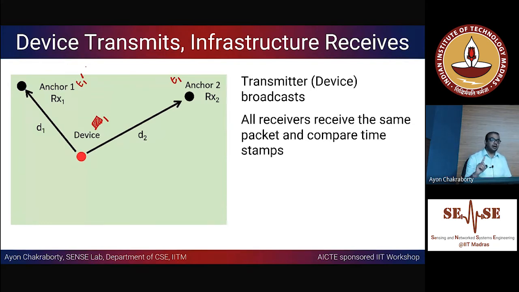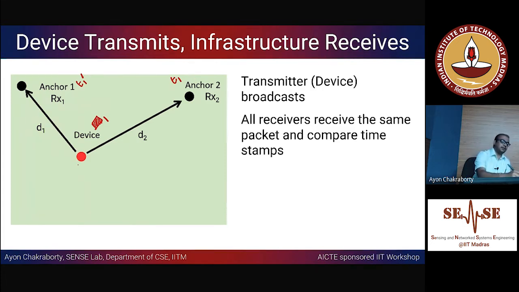Note that they don't know when the packet was transmitted, or maybe the packet's time could have been mentioned. So anchor 2 and anchor 1 are synchronized among themselves, and they are computing t1 prime minus t1.